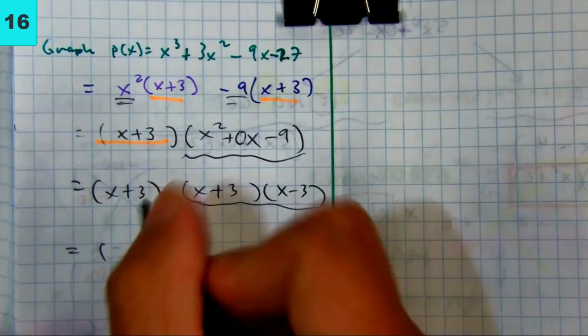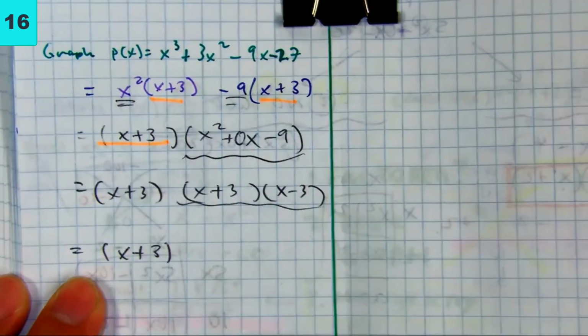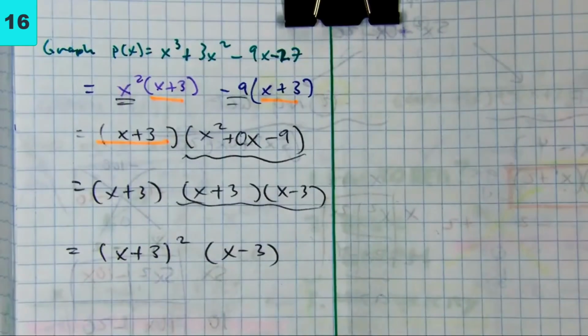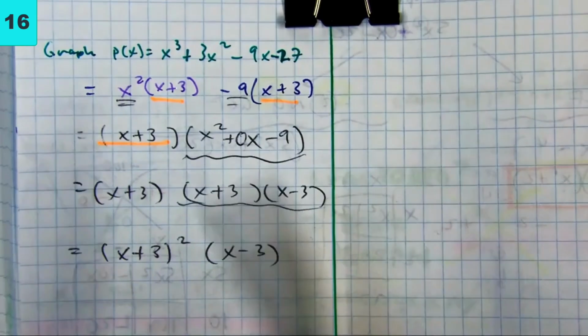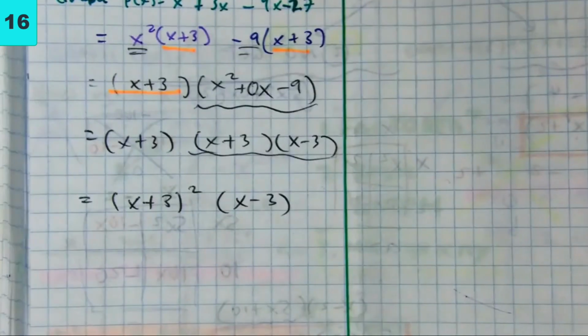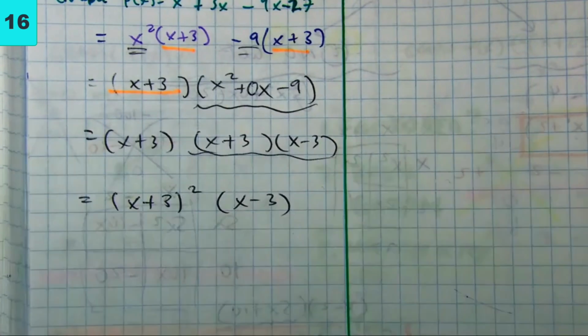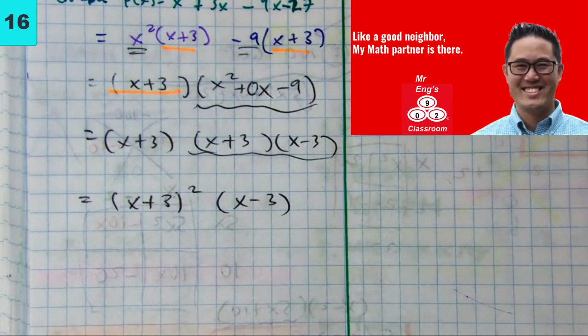So x plus 3, quantity or multiplicity 2, and then x minus 3. So now we've factored it with 4 terms. Could have also used the box method of factoring. So now we have it in factored form.